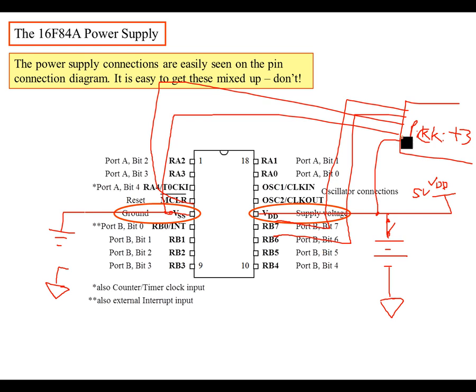The PIC kit will supply power, but it is going to monitor to see if you have power supplied already. If you do, it's not going to supply power. Inside of it there's an internal power supply, and if it detects that you have power already connected, then it's not going to supply power. If it detects that you don't have power here, then it is going to supply power.